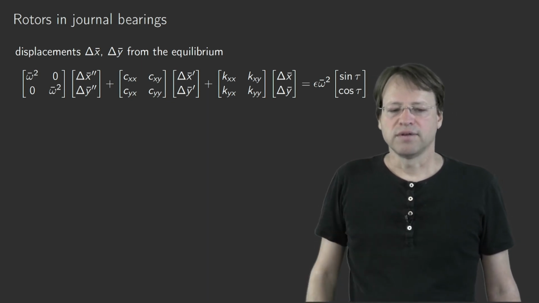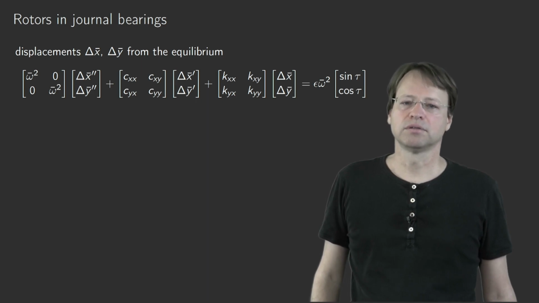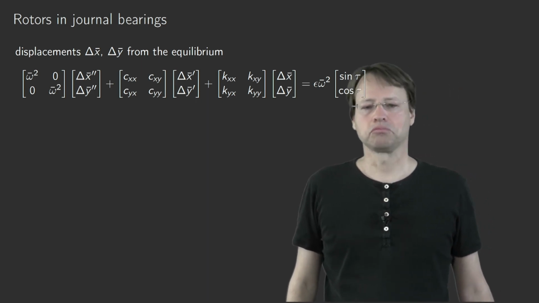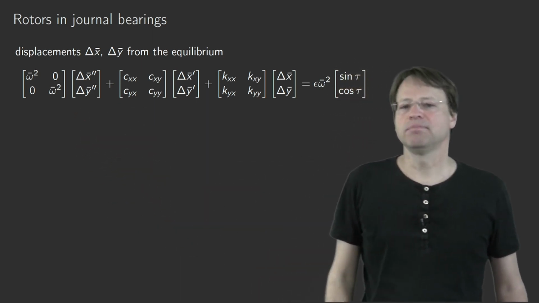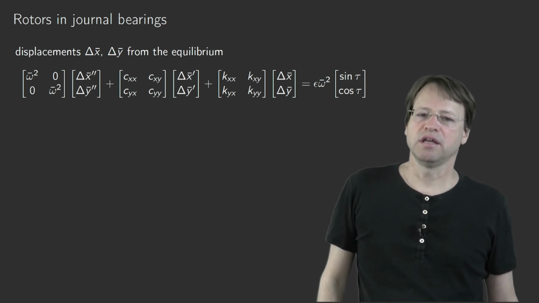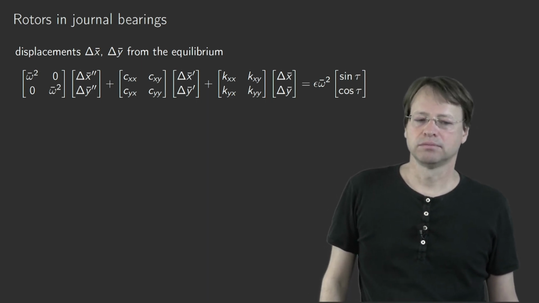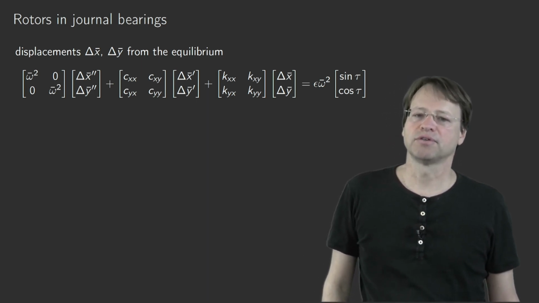If you look at that equation, there appears as a parameter, you would say, well, perhaps there's only one parameter, the omega bar, but keep in mind that you have to compute the stiffness and the damping coefficients. And they depend on epsilon or on the modified Sommerfeld number.